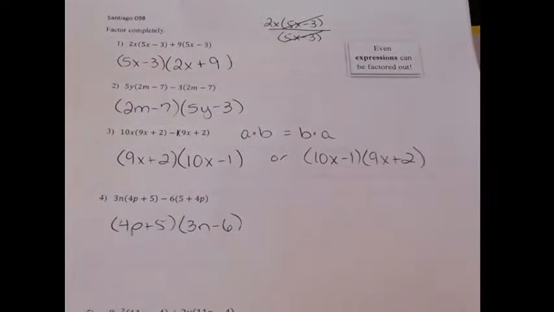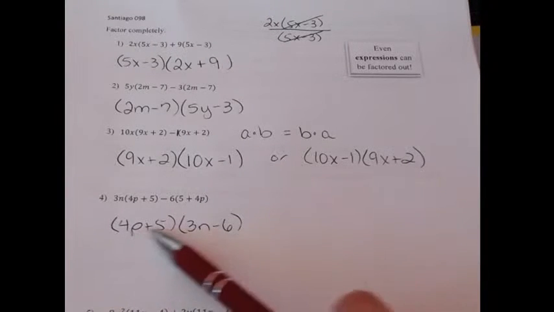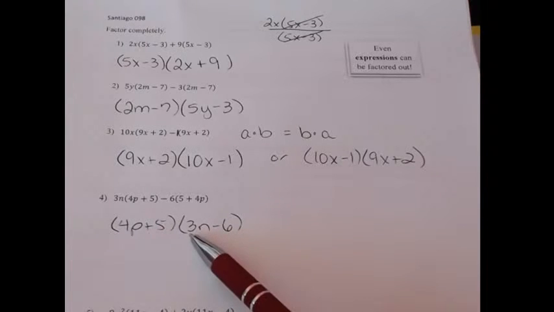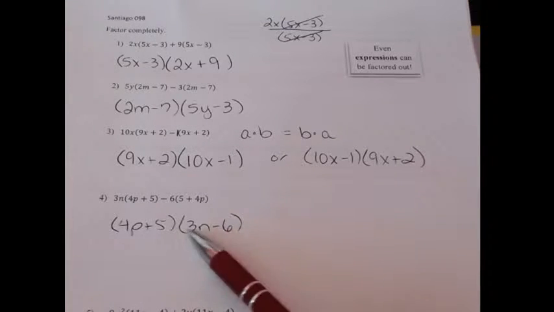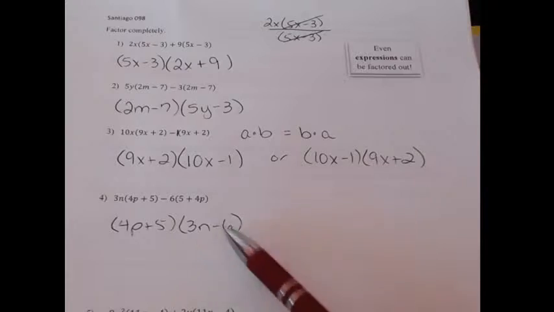But what Doc actually did and what Ryan did was they looked a little bit further. They said, well, 4p plus 5, this looks good, right? But then they looked at 3n minus 6 and said, whoa, I have a common factor. I can divide out a 3 from both of these terms.